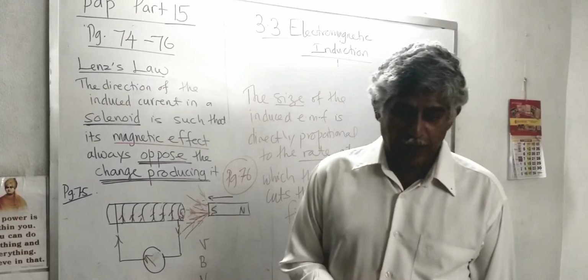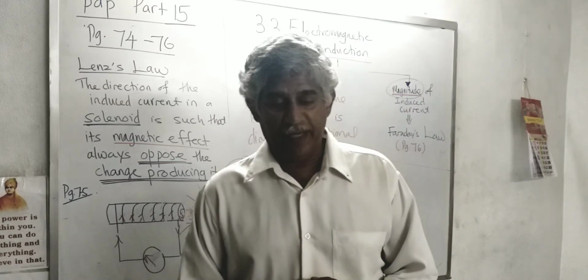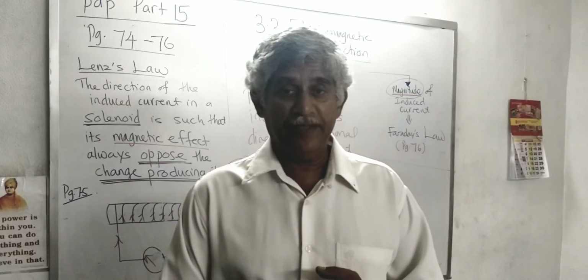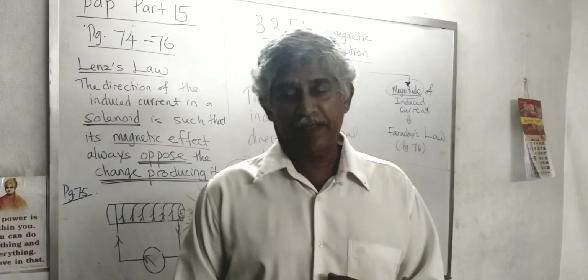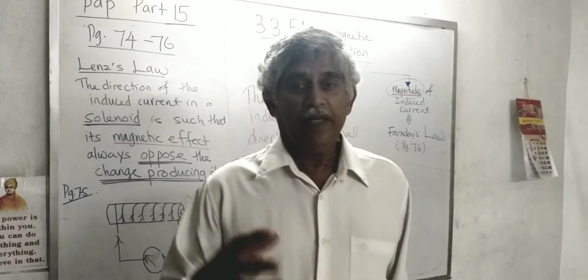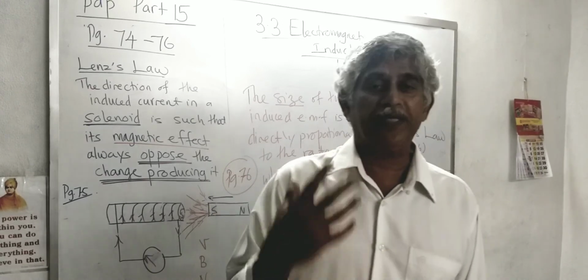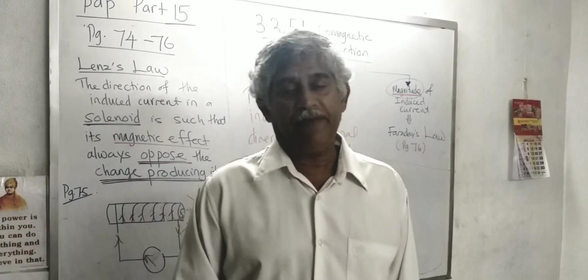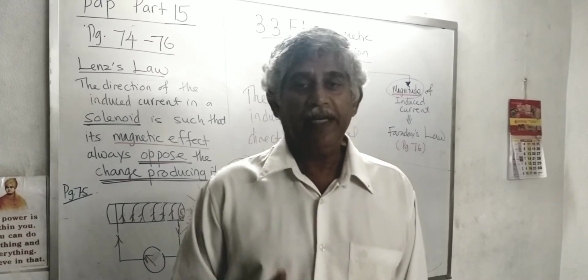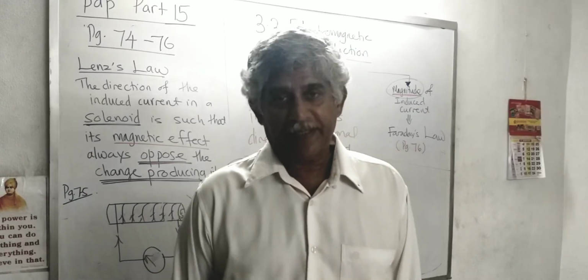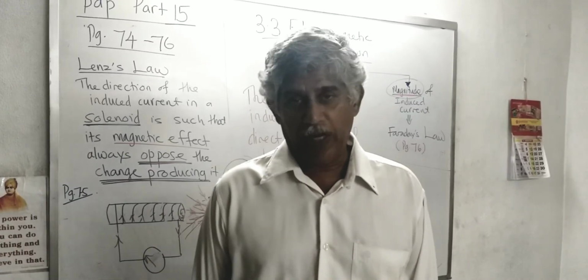After this lesson I might give you some exercises, maybe some structured questions and some multiple-choice questions regarding electromagnetic induction. Please try those questions. I might give you the answers later, and then we will discuss any doubts you have.